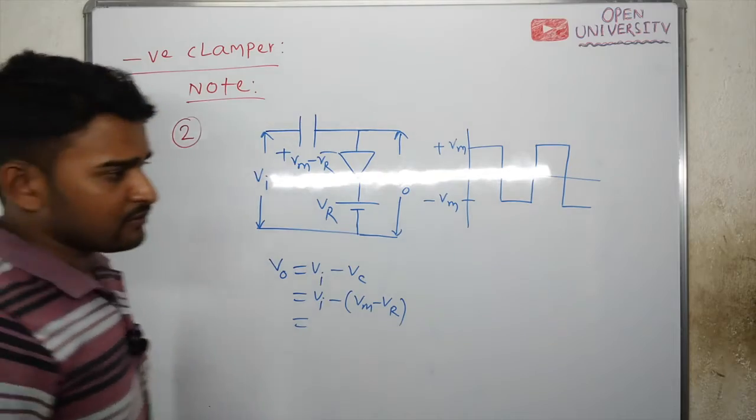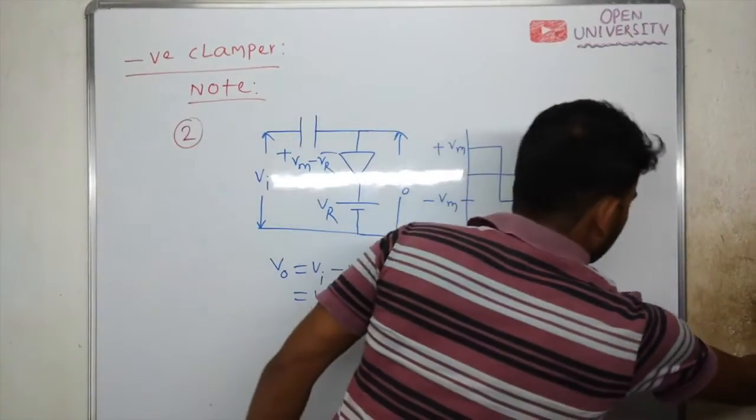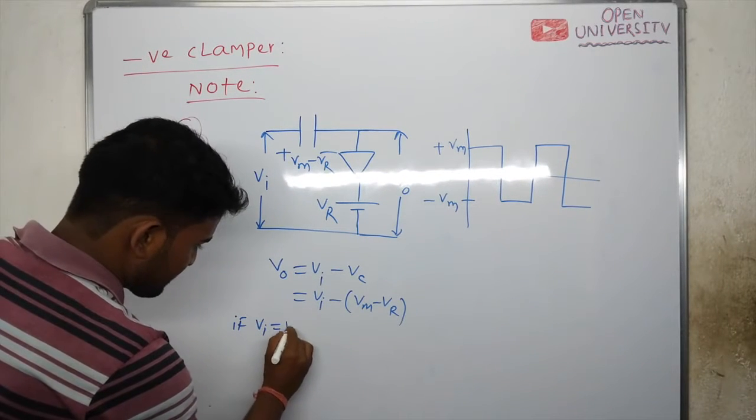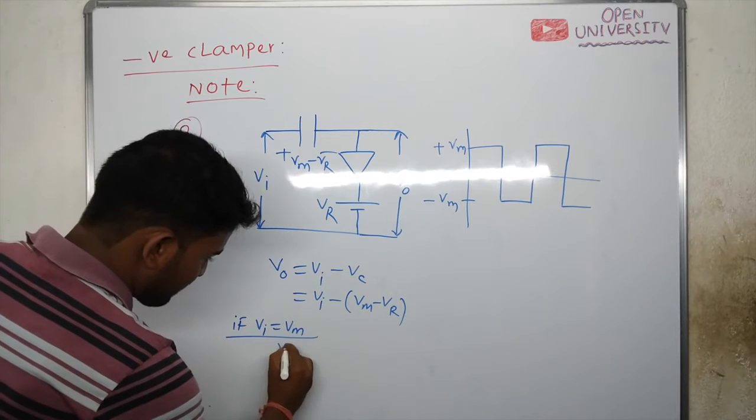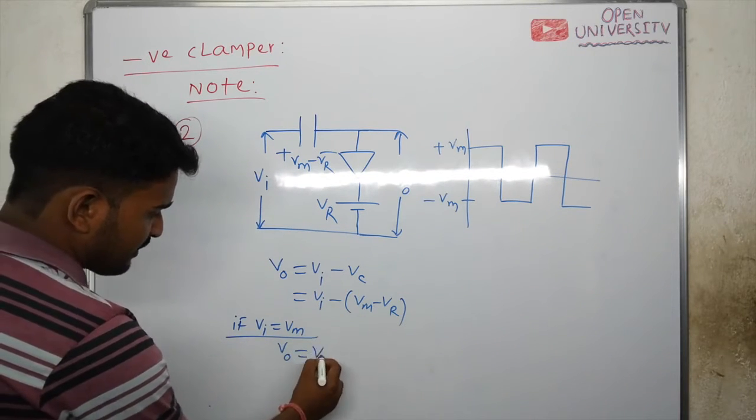Now, if the input Vi becomes Vm, then what will be the output? Substituting Vm, Vm minus Vm, the output will be Vr.